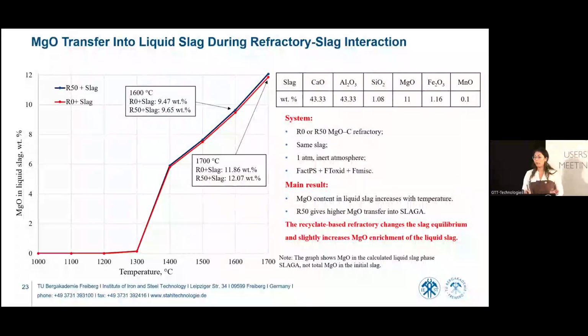And the important point of this slide is that the same FactSage macro workflow can be reused for different refractory systems.